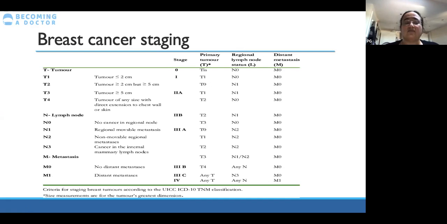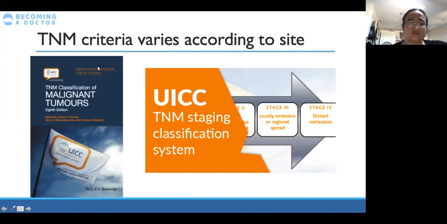But as an undergraduate, and not just undergraduate, also as a junior doctor who's not a pathologist, the main thing is to understand what TNM means, what the numbers relate to in the different tumor types, but not specifically be able to just reel out every single definition, because that's what these books are for.